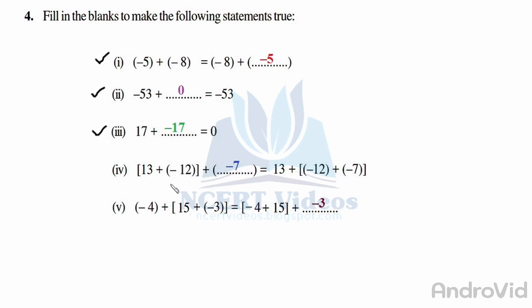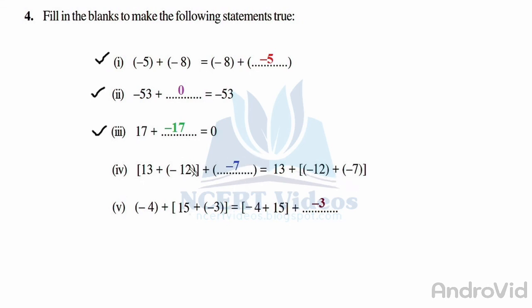Now here 13 plus minus 12, so here pairing is done. So you can say associative property over addition. First here last two pairs are arranged, here first two pairs are arranged. So only thing left here is 7, that is minus 7 to be very precise.